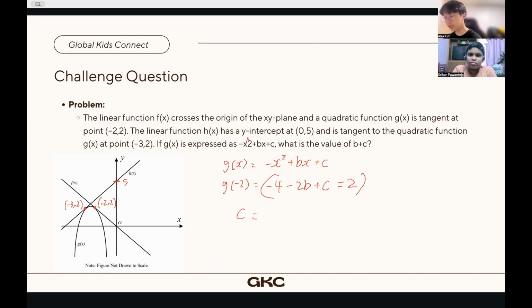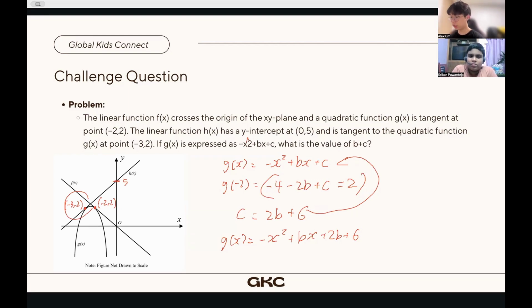So we can say that c is equal to 2b + 6. From here, we can plug it back into our original g(x) equation. If we do that, we get g(x) equals -x² + bx + 2b + 6. Now we only have one variable b.